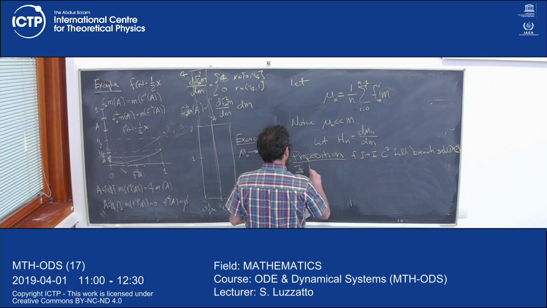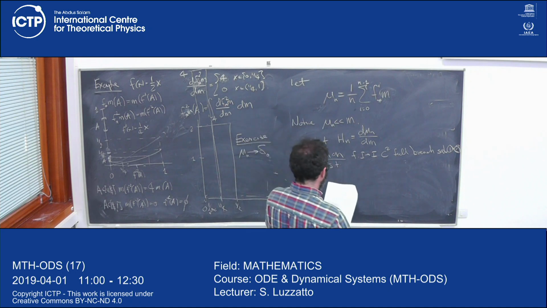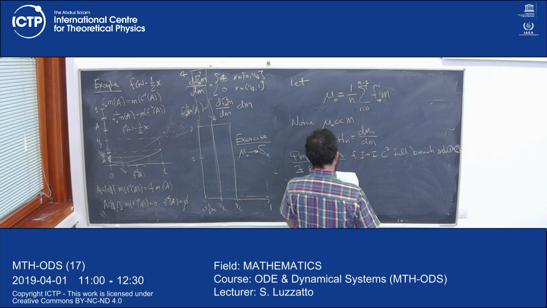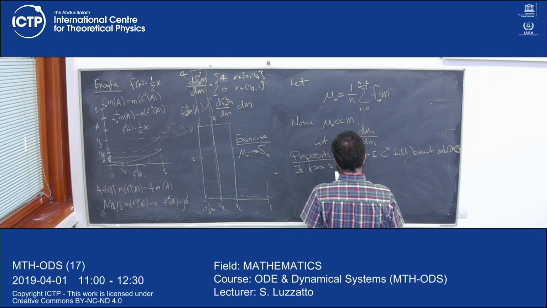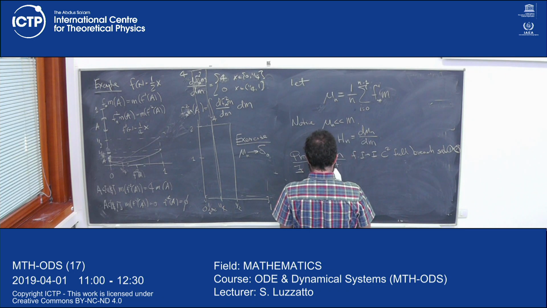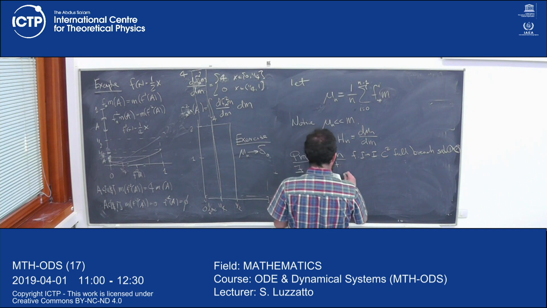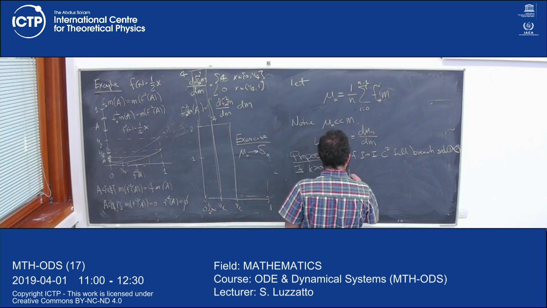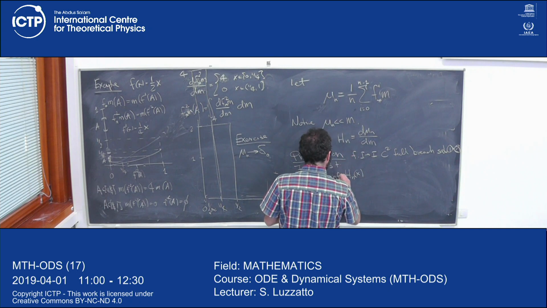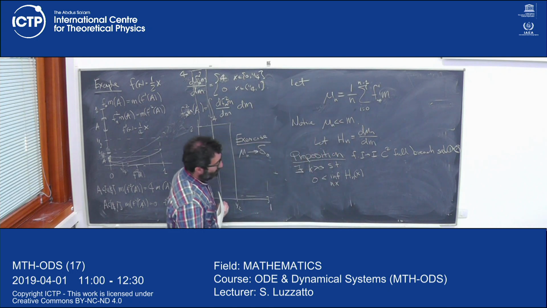Then there exists k greater than 0 such that two properties hold. One, the infimum over all n and x of this is bounded away from 0.